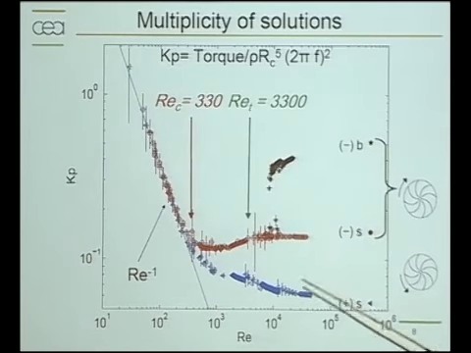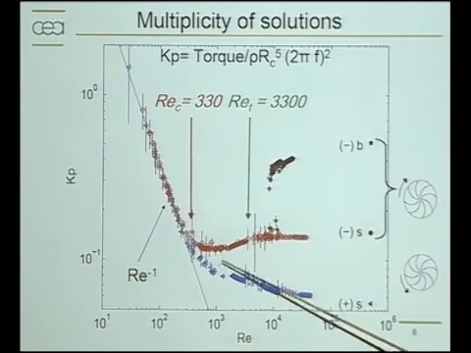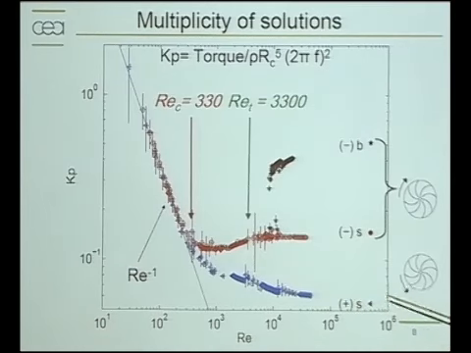What you see is that when you are not turbulent, you have this -1 law, which was expected and which was observed in other experiments. And then once you are turbulent, you have this curve going like this. And what you see is that your torque depends on the sense of rotation first. This is the blue and the red curves.